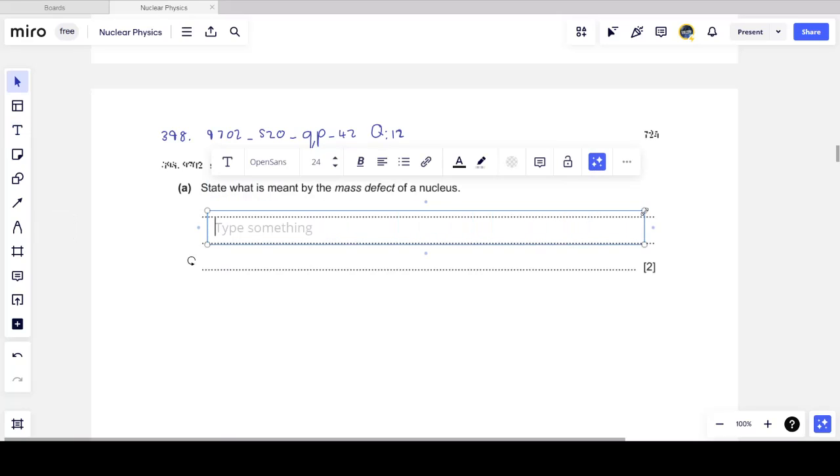And again, you know that there's multiple answers that you can provide here. So what does the mass defect tell us? Well, the mass defect tells us the difference in mass between a nucleus, when all the nucleons are brought together by the strong force and held together in the nucleus, and the constituent nucleons when they are out of the nucleus. So how do we write this concisely?